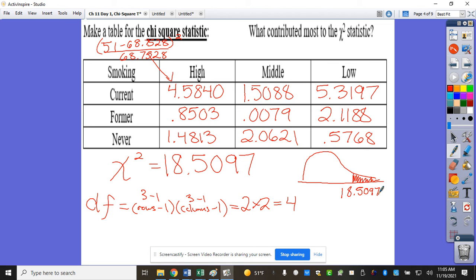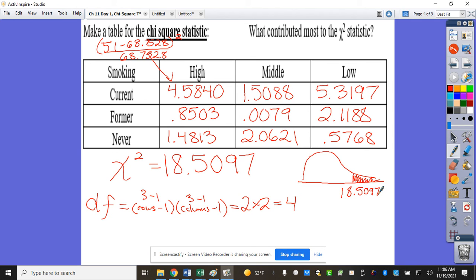So I'm going to go to 8, which is chi-squared CDF. When I shaded there, what was my lower? 18.5097. What is my upper? Infinity, so 1E99. What is my degrees of freedom? 4.